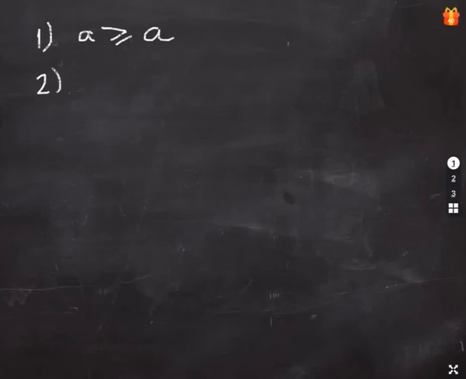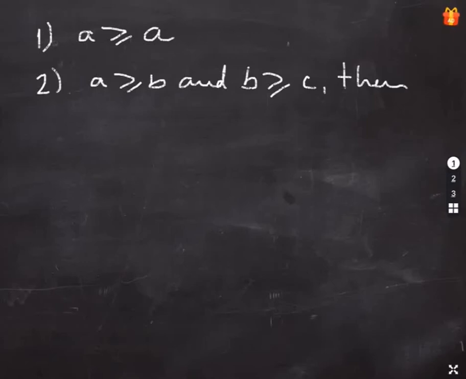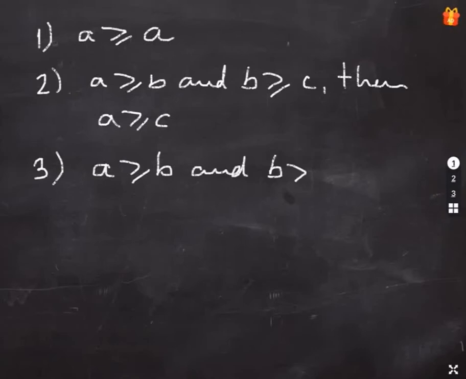Order is transitive: if a is larger or equal to b and b is larger or equal to c, then obviously a is larger or equal to c. Order is antisymmetric: if a is larger or equal to b and b is larger or equal to a, then we have that a equals b.